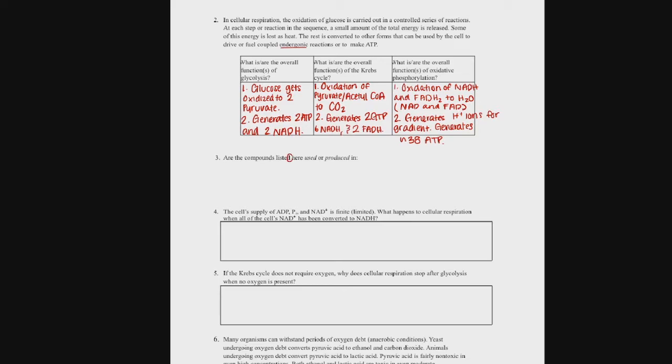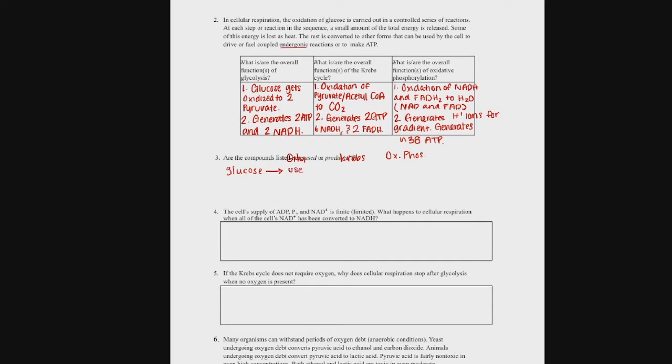So I'm just going to put glycolysis up here, Krebs up here. I know I'm writing over the question just for more room. And then oxidative phosphorylation.